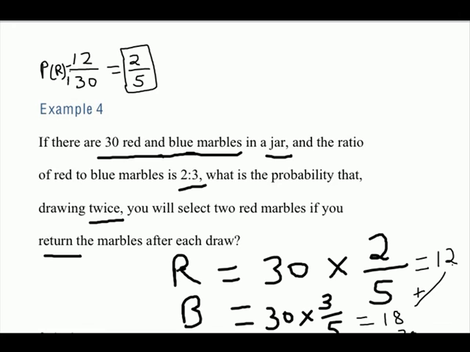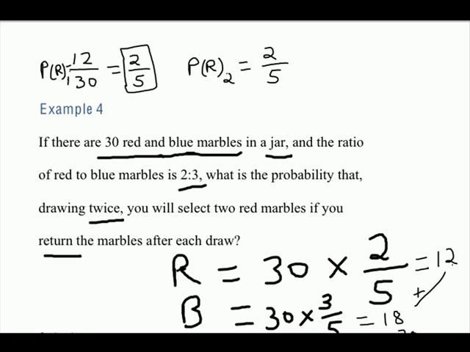The probability R2, which is drawing the red one the second time round, will be again 2 by 5, because the number of marbles and their distribution is exactly the same the first time around as the second time, because we are returning, note the keyword returning, the marble after each draw.